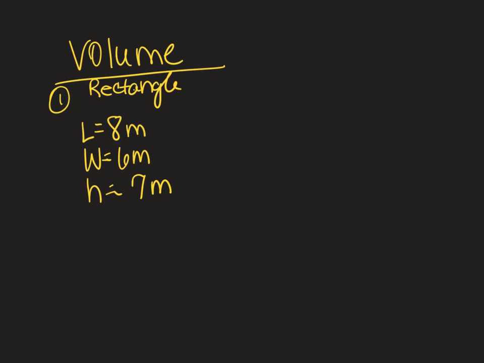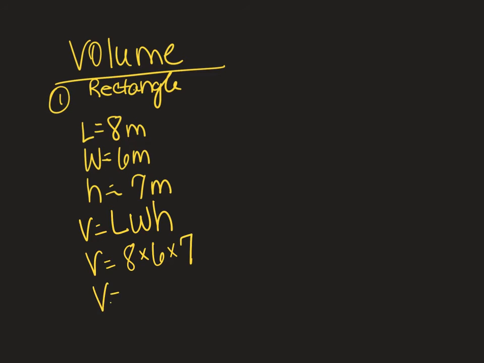Okay, so I want you to always write the formula. What is the formula for volume? Length times width times height. Now, with me together, what is the length? 8 times what's your width? Times your height. Then you multiply. Volume equals 6 times 8 is 48 times 7. It might take you a minute, but multiply that out.